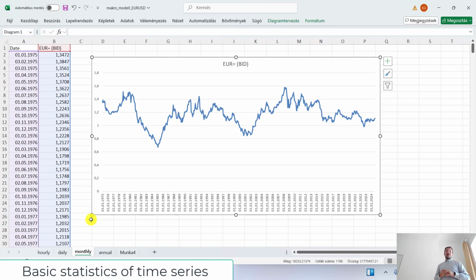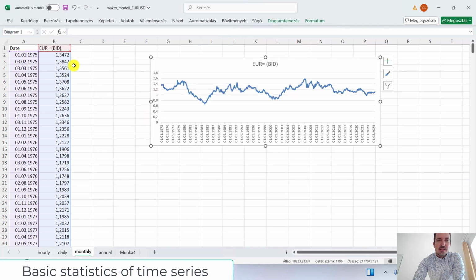And the problem is that if we are moving to higher and higher frequencies, from annual to monthly to daily to hourly, then we have way more outliers in our data sets. So this will be another key problem, that we will allow such changes to happen which were not there before.